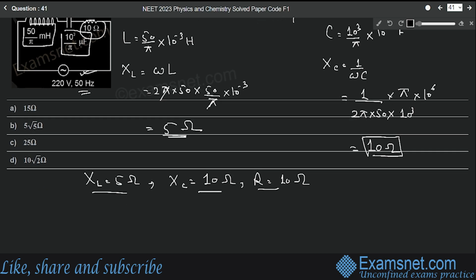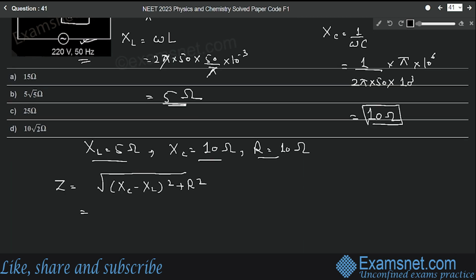So the net impedance, that is Z, is equal to under root, what is the formula? XC minus XL whole square plus R square. So simply we have to put the values and we'll get the answer. So under root, XC means 10, XL is 5, plus 10 square.